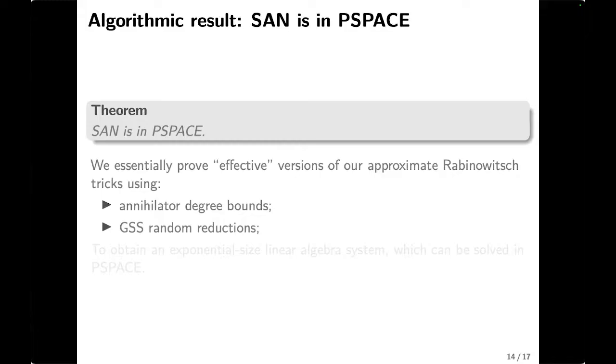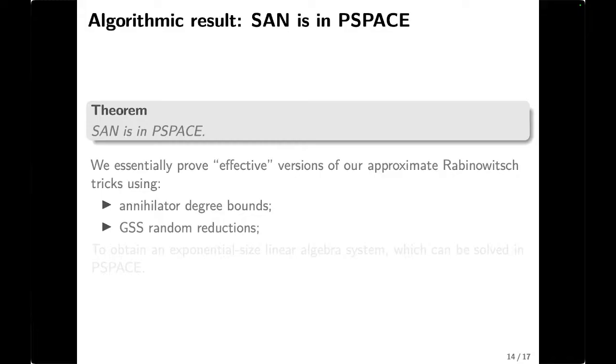Also, Saxena and Sinhababu had this random reduction trick, which says that if you have some k polynomials whose transcendence degree is, let's say, R, then you can always restrict to some R plus 1 random linear combinations of these k polynomials, such that the non-emptiness of the approximative variety is preserved.